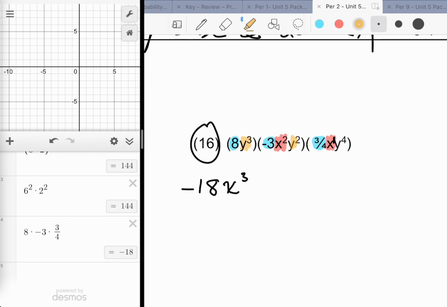The only thing left are the y's. So I have y to the third, y to the second, y to the fourth. Keep the bases, add the exponents. 3 plus 2 is 5, plus another 4 is 9. So y to the 9th.